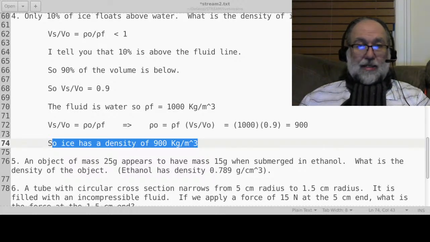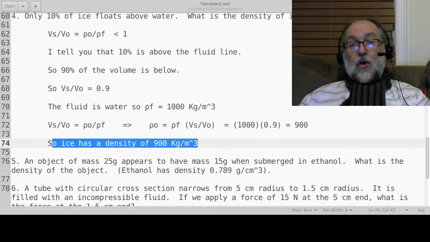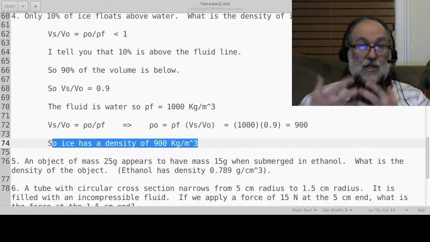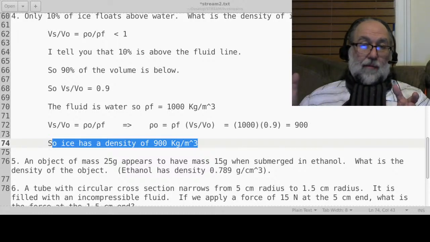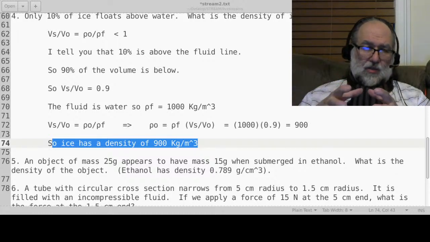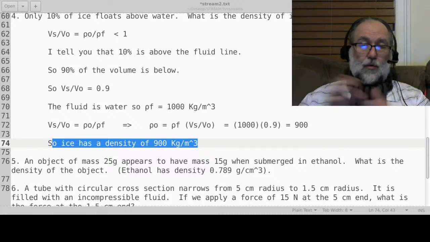That's less than water, as you expect, because ice floats on water. By the way, ice is one of these rare materials where the solid form is actually less dense than the liquid form. Usually when you freeze something, the solid is more dense than the liquid.